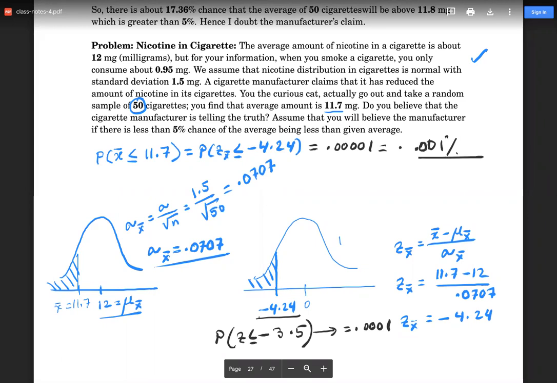So there is a 0.001% chance that by randomness, by random luck, you will get 11.7. So the conclusion here is that it is much less than 5%. It's much, much less than 0.05. Therefore, the manufacturers are probably telling the truth that they have reduced the amount of nicotine in the cigarette.